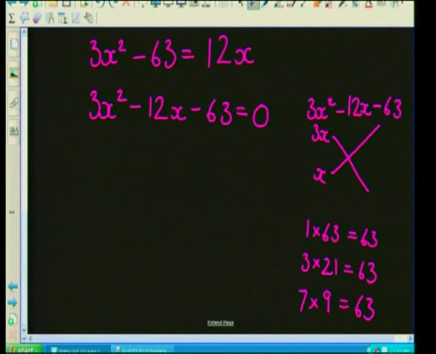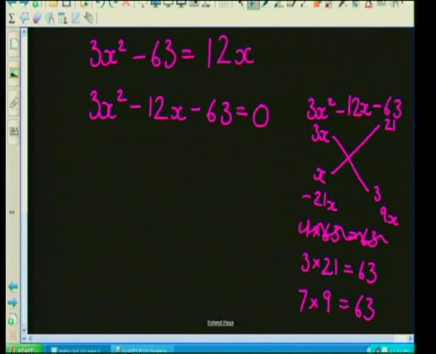No, we're looking for a middle term of negative 12, so we know that's not going to work. Would 3 and 21 work? Well, let's try it, just for argument's sake. 3x times 3 will give us 9x, and 21 times x will give us 21x. One of them has to be negative.